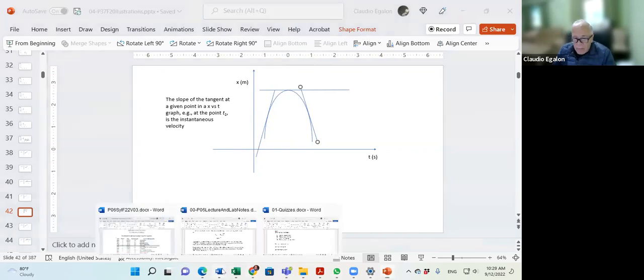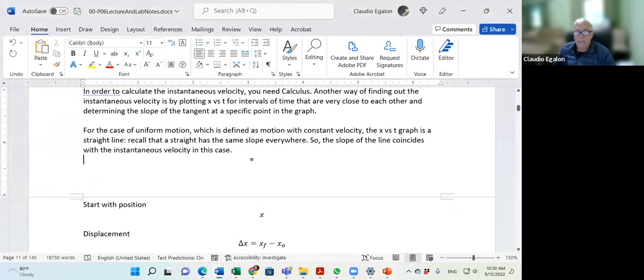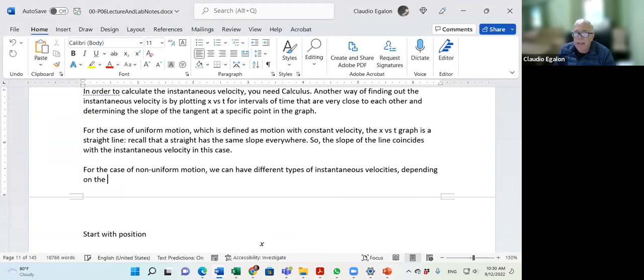Okay, so for the case of non-uniform motion, we can have different instantaneous velocities depending on the instant of time.